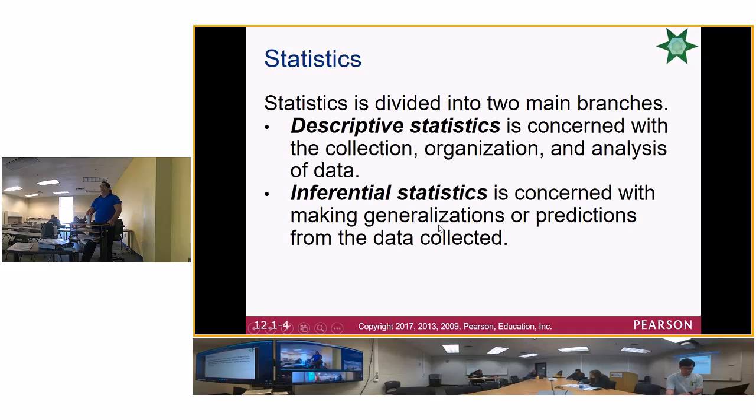Two branches. Write these down. And anything I'm covering that has to do with probability and statistics will always be on a standardized test, and especially in industry and criminal justice.